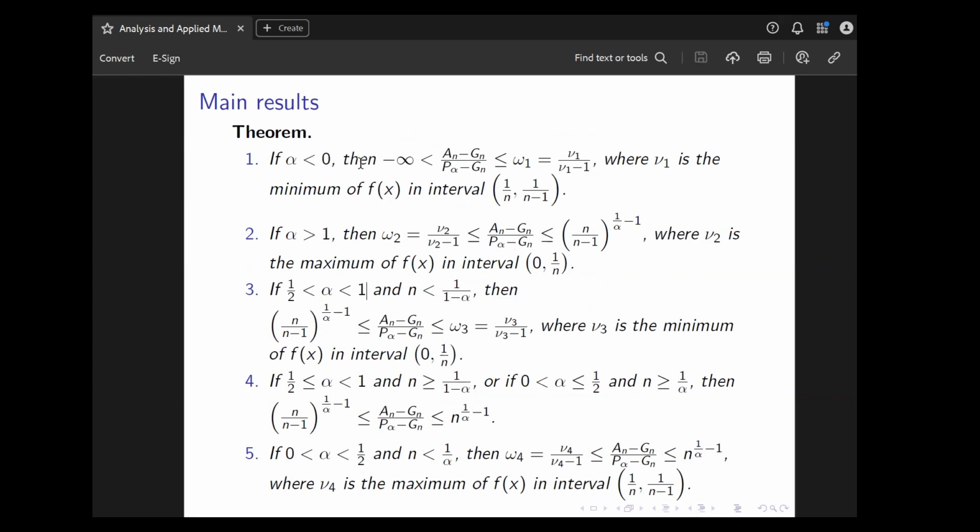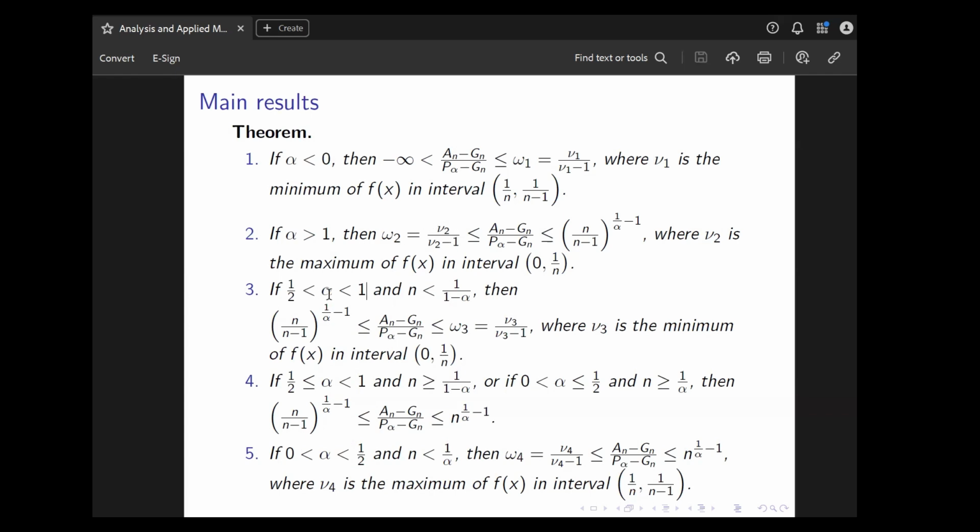If alpha is less than 0, then this ratio is not bounded from below, but from above it is bounded by some number, which is determined by that f(x). I also have some approximations about this maximum. If alpha is greater than 1, then it is bounded from above by this exact number, and from below by some minimum.